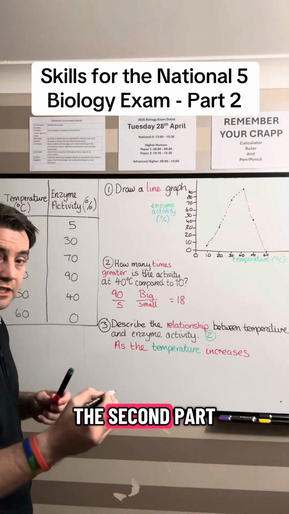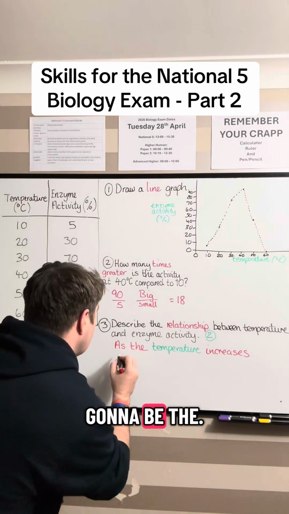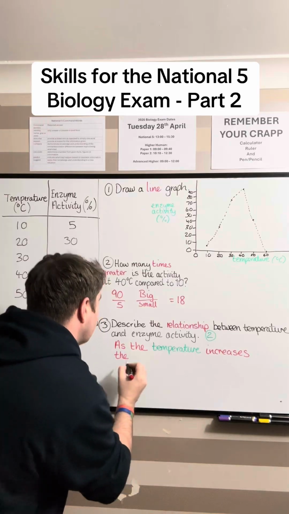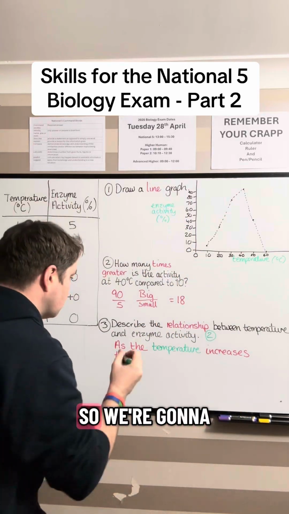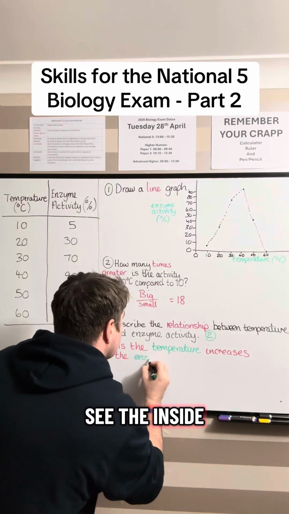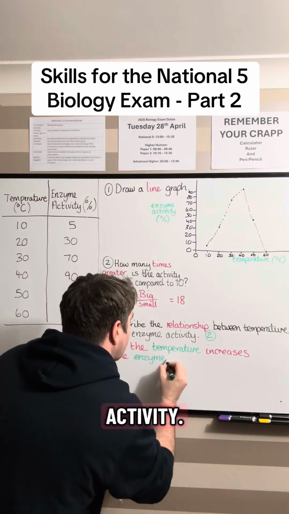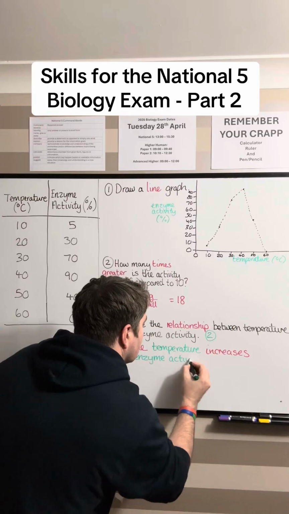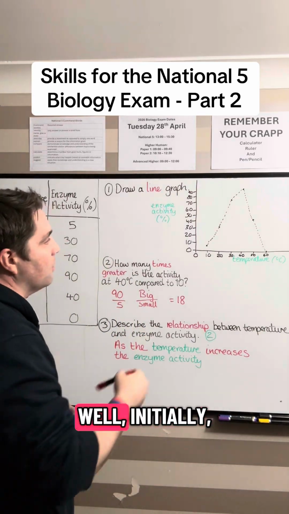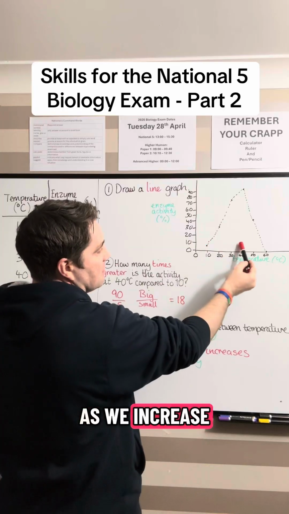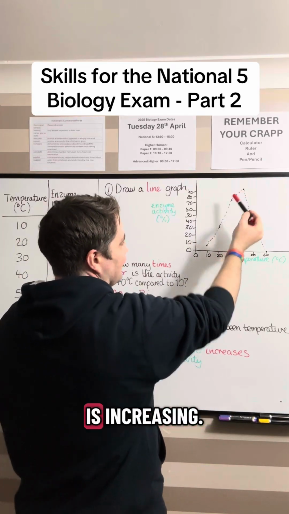Now, the second part of this is the next thing we're going to say, which is what we put on the other axis. So we're going to say the enzyme activity. Now, what happens here with the enzyme activity? Well, initially, as we increase the temperature, the enzyme activity is increasing.